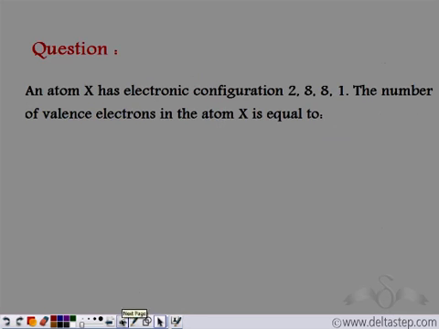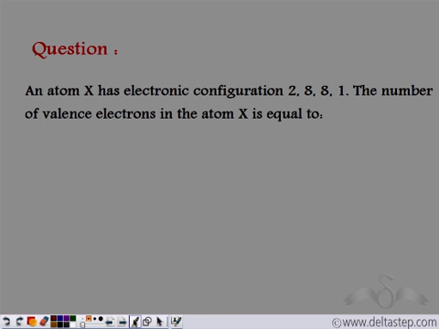An atom X has electronic configuration 2,8,8,1. The number of valence electrons in the atom X is equal to, we know that the valence electrons are the number of electrons which are present in the outermost shell or the valence shell.